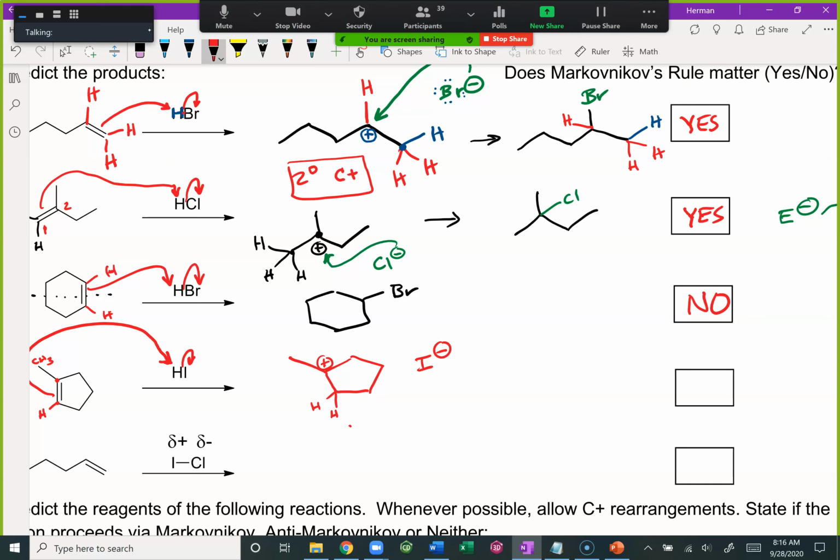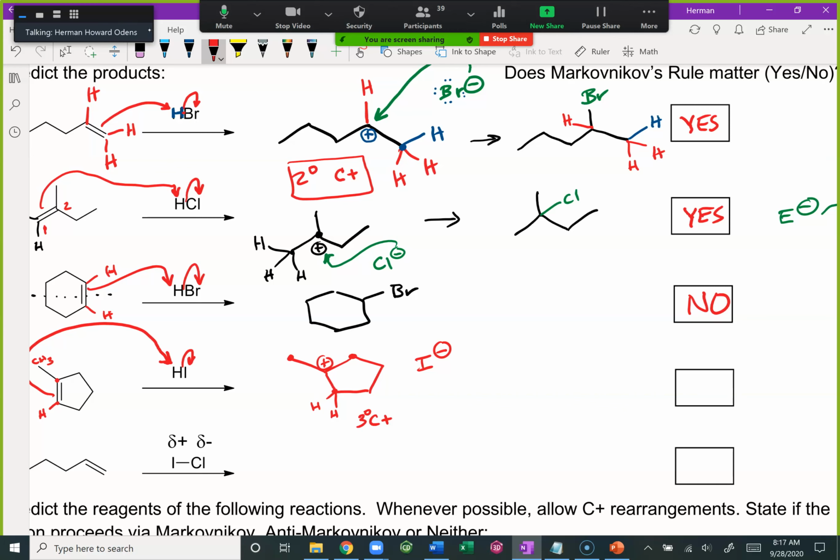This one. Is it primary, secondary, or tertiary? Tertiary. Yes, very good. It's tertiary because we have 1, 2, 3 carbon connections.